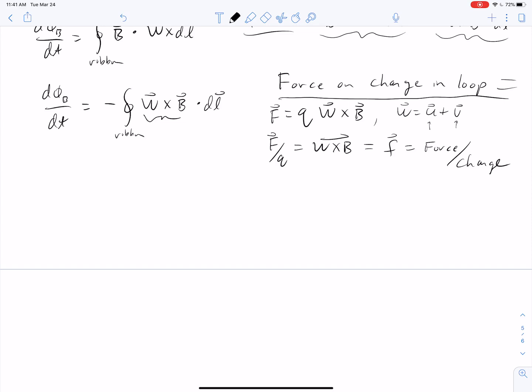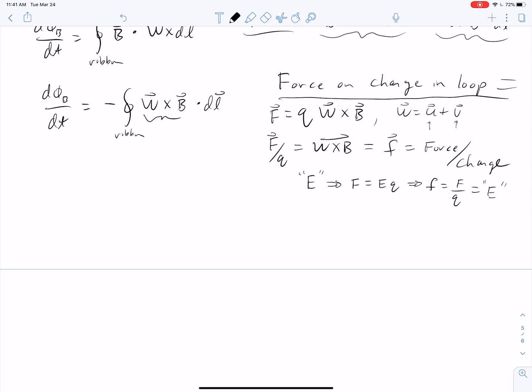I know that if I have an electric field, then the electric field creates a force on a loop. Force is equal to E times Q. And so then we see that F, force per charge, I can write as F over Q, is the same as E, an electric field. That's what an electric field is. An electric field is a force per charge.